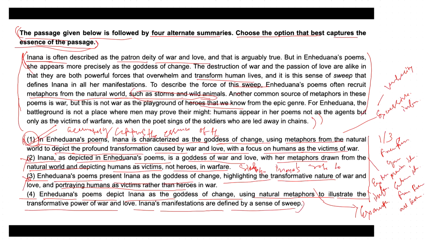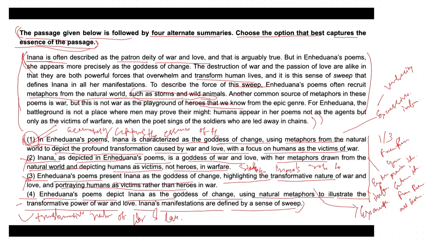Option four clearly indicates that Inanna is the goddess of change and uses natural metaphors, but it does not emphasize the transformative nature of war and love. It briefly mentions the concept of a sense of self without elaborating on it.